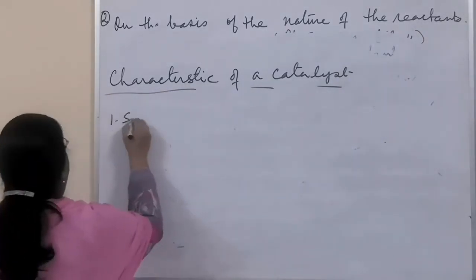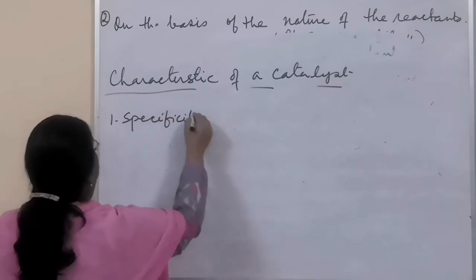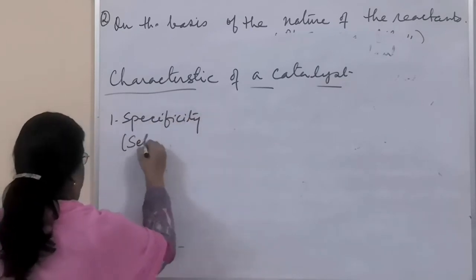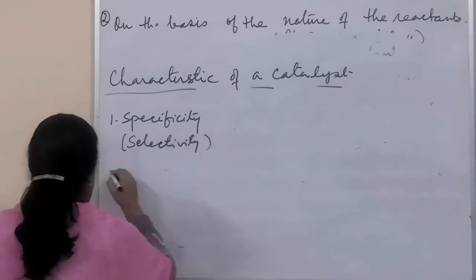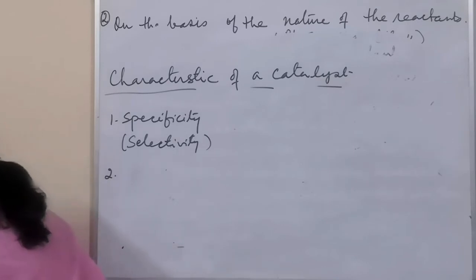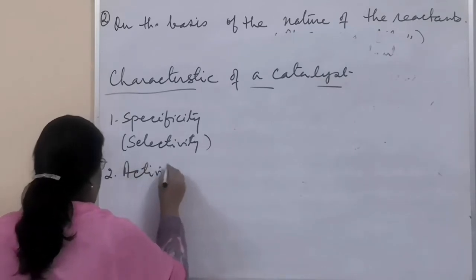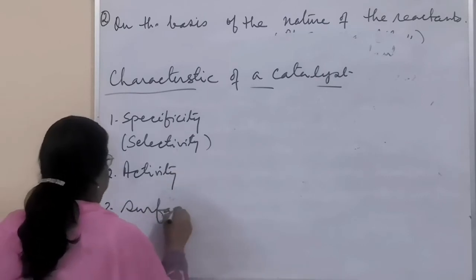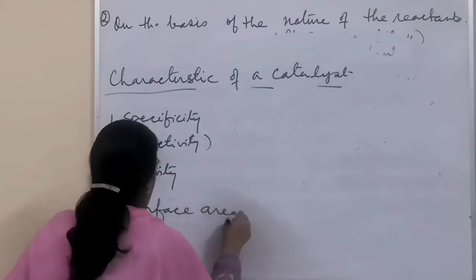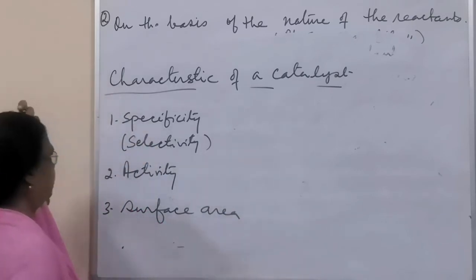First is specificity, also you can call it selectivity, then activity, and surface area. Specificity or selectivity, more or less the same.